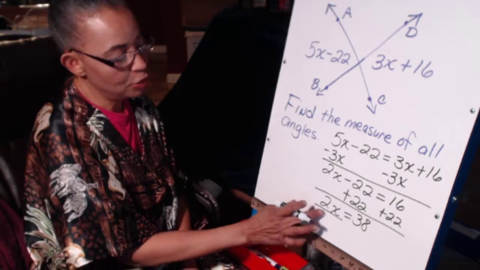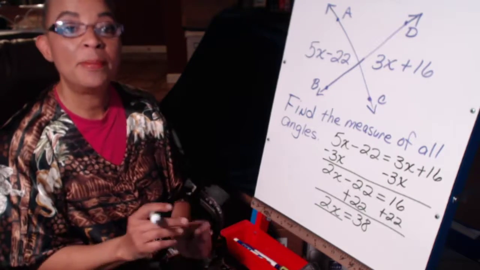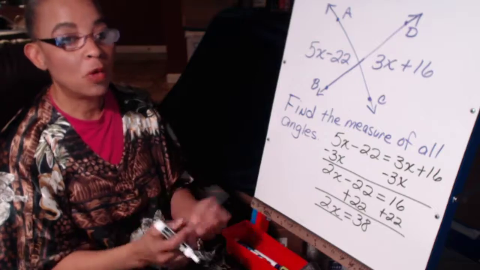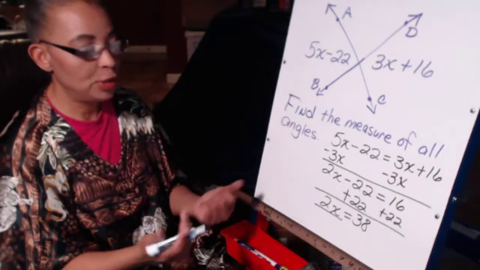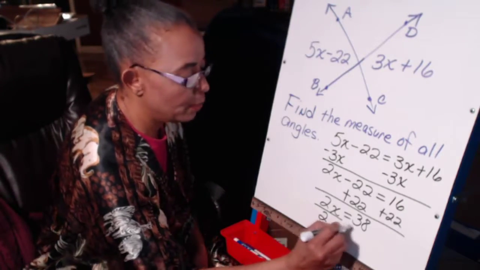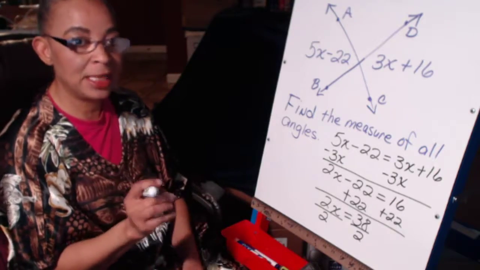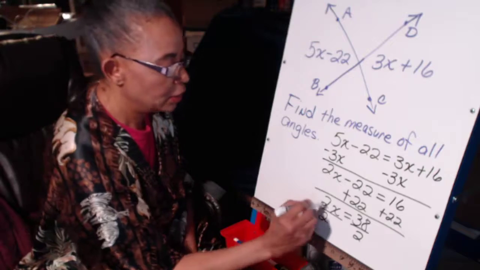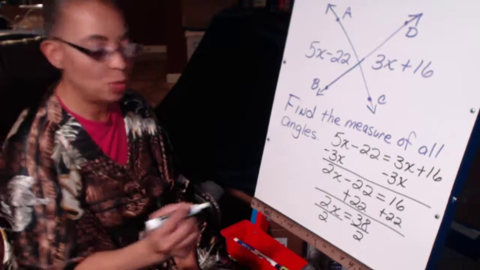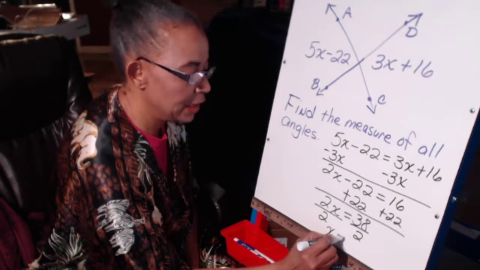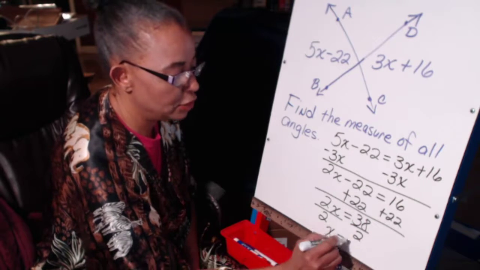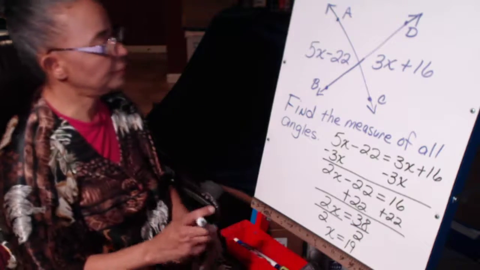So now the 2 and the x are together by multiplication. In order to undo multiplication, we divide. So divide only by the number, not the variable, not the letter, only the number. So 2 divided by 2 is 1, so that's x equals 38 divided by 2 is 19.